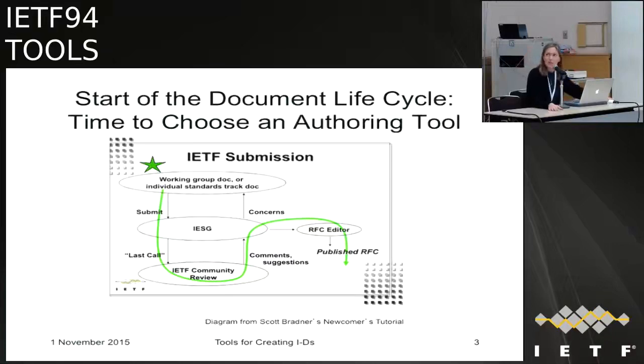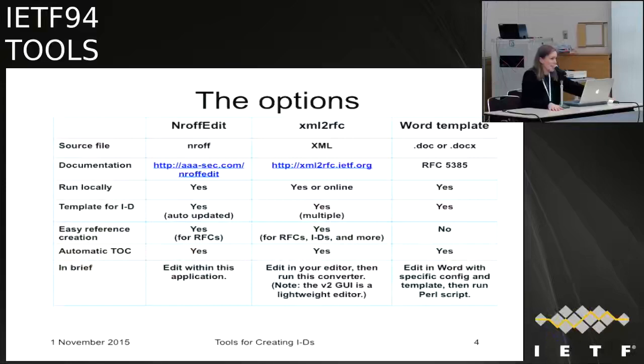So going through some of the options here, nroff edit is using an nroff source file. The tool credit is Stefan Santesson, and this is the website where it's available. You install it as a GUI that's side-by-side. You see the nroff on one side and the text output on the other side. It starts off with a template for an internet draft.